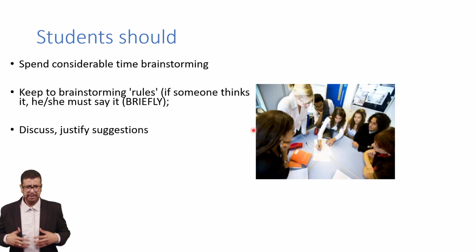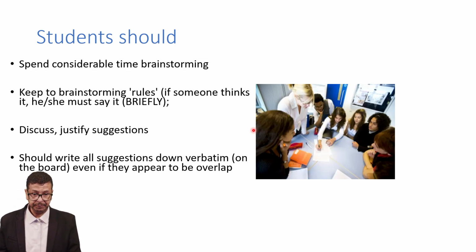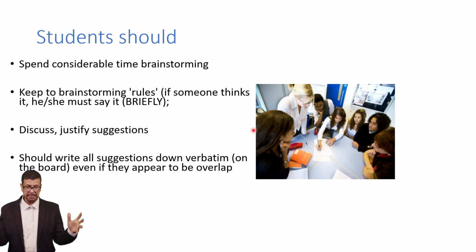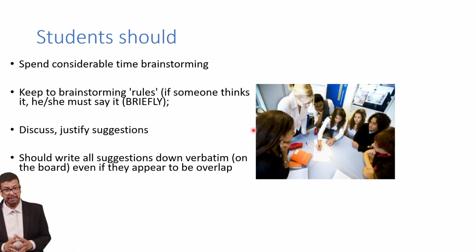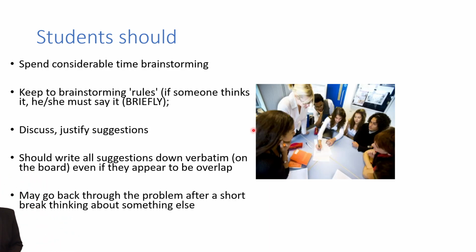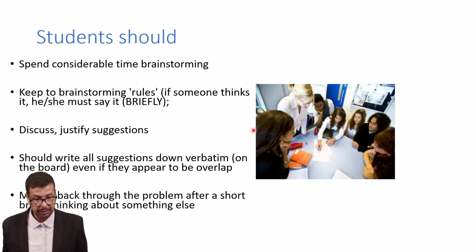Discuss and justify suggestions all the time. And you should write all suggestions down on the board or on the screen, even if they appear to overlap or are not well developed. And you may go back through the problem after a short break, thinking about something else. This is a very important thing that you should do as a student, as your role.